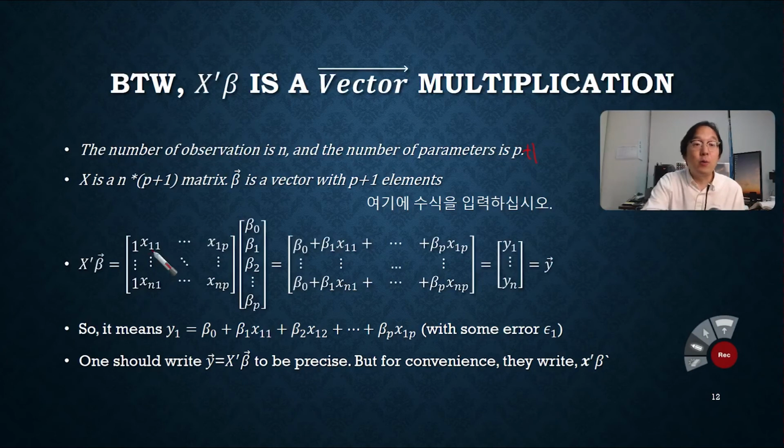The order is row, column, row, column, right? First row, first column, 1, 1. So if you go down the list, the final one is x sub n1, which is the nth row, first column. Leverage ratio of the nth company. You can think of it that way.